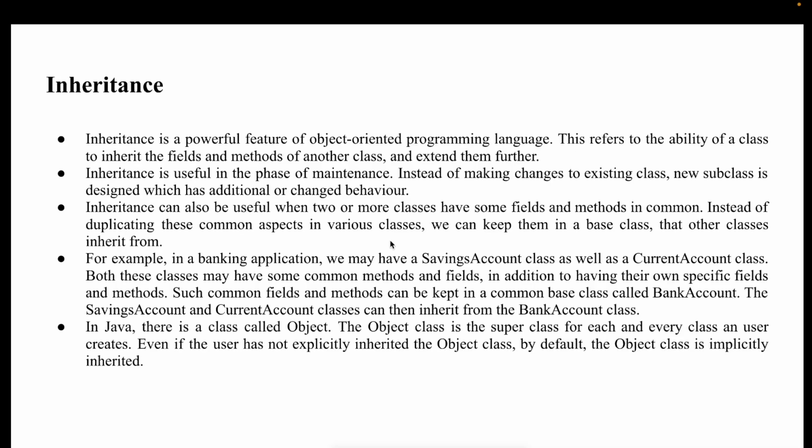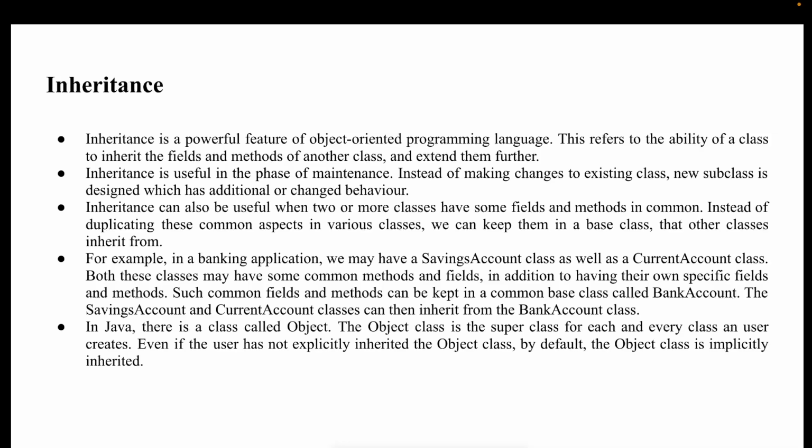So when we talk of inheritance, what is inheritance? In our initial classes I told you that there are object oriented principles like inheritance, encapsulation, polymorphism. Inheritance is one of the object oriented principles. It is a powerful feature of object oriented programming languages.